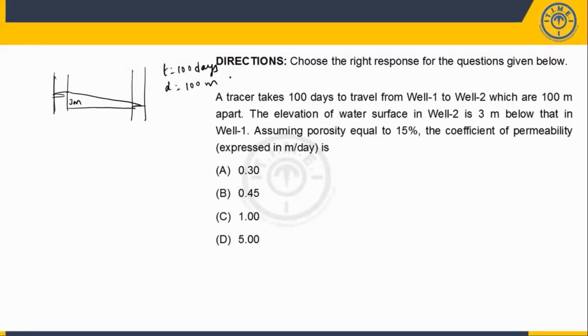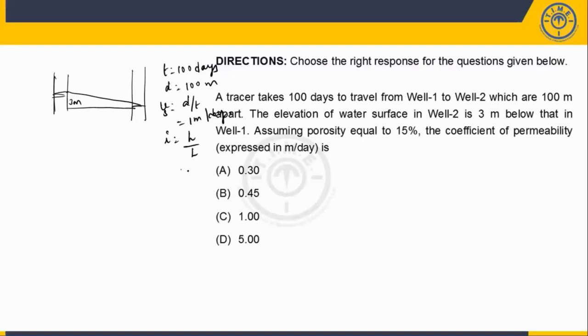Now tell me the velocity, distance by time. The seepage velocity Vs is equal to distance by time, 1 meter per day. Now, what is the hydraulic gradient? Head loss per unit length.